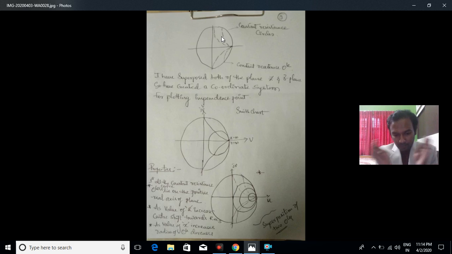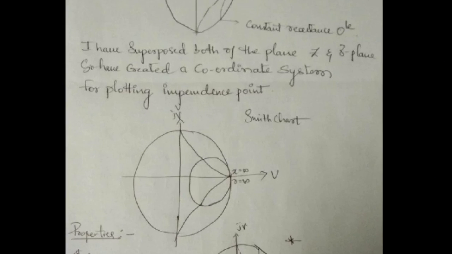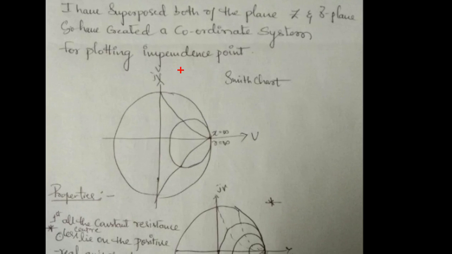We superposed both the z plane and the gamma plane to arrive at a special, new coordinate system for plotting an impedance point. This coordinate system we have drawn here is called a Smith chart. It's a powerful tool; let me explain in future.